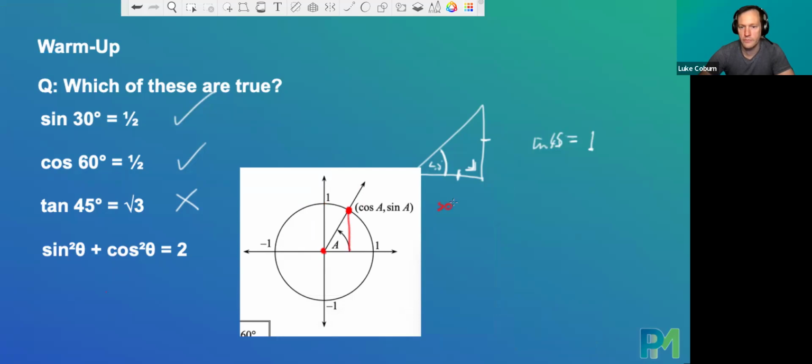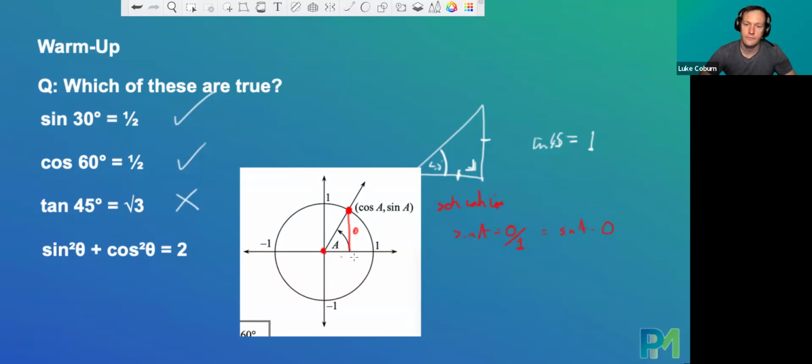Well, we know SOH-CAH-TOA. So we know that the sine of the angle A is equal to the opposite over the hypotenuse, which is just 1. So sine of A is just equal to the opposite, okay?